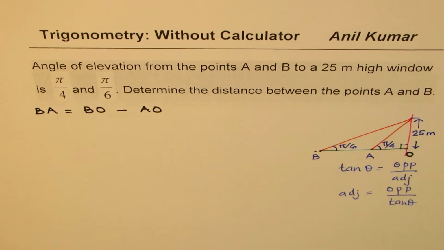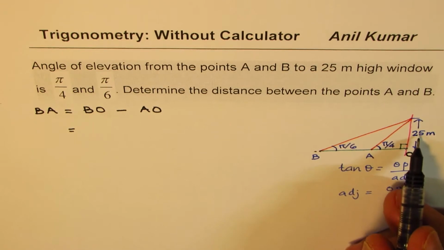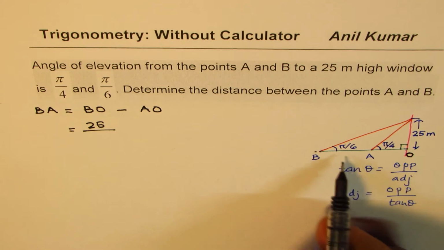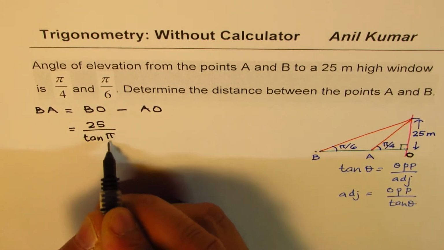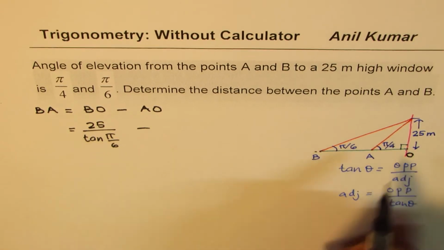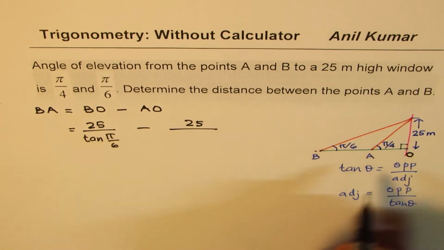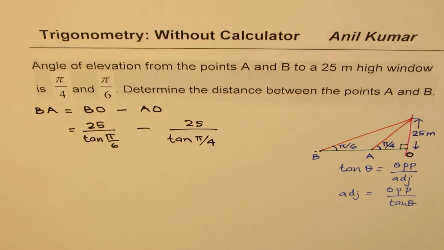So looking into a bigger triangle, we can write BO as 25 meters, which is the opposite side, divided by tan of the angle, which is pi by 6, minus AO, which is again 25 over tan of angle pi by 4. Correct? Now calculator is not allowed for this particular test.